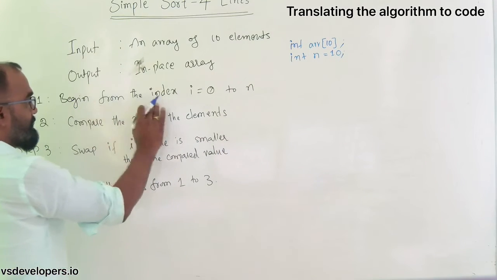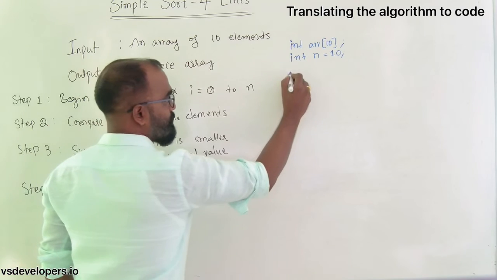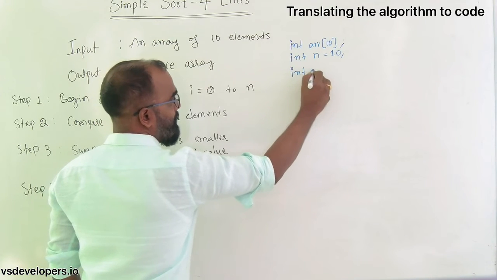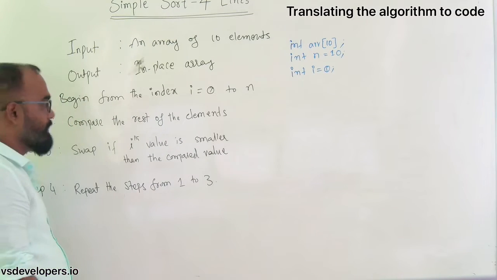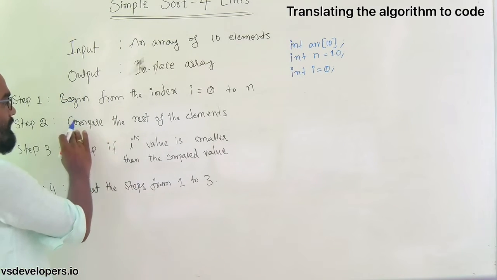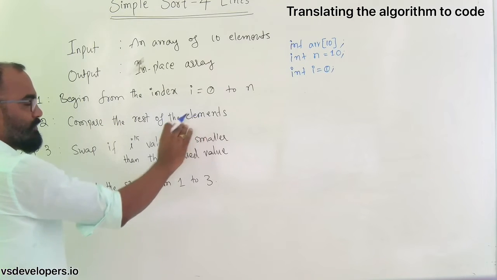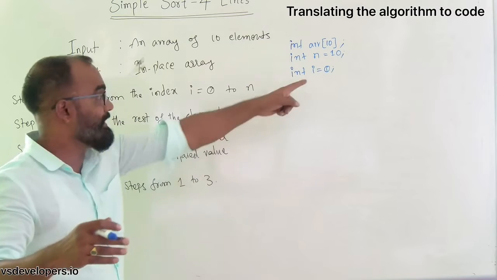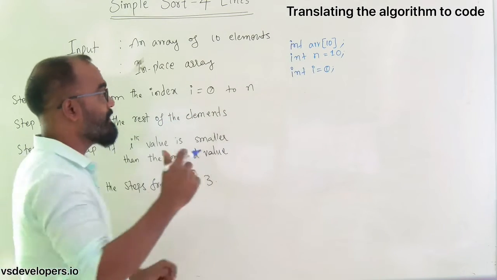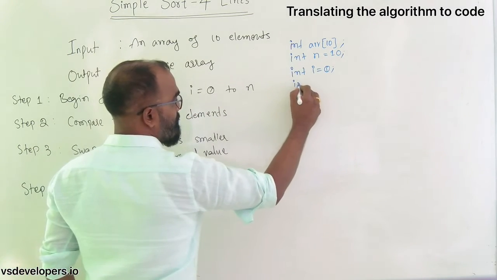Now, it says begin from the index 0. So I need an index which starts from 0. So I'm declaring it, assigning it with 0. And now compare the rest of the elements. So how do we compare the rest of the elements? That means we have to iterate through all the elements other than i. Right? So we need another integer index.